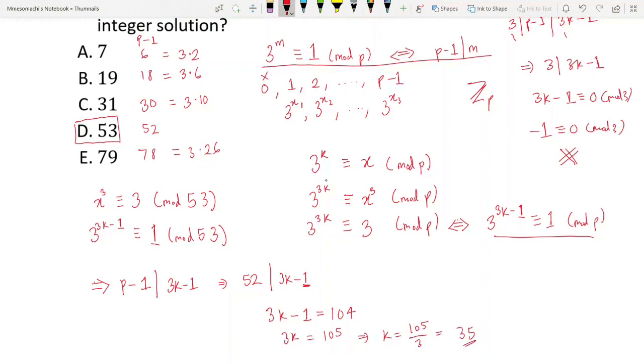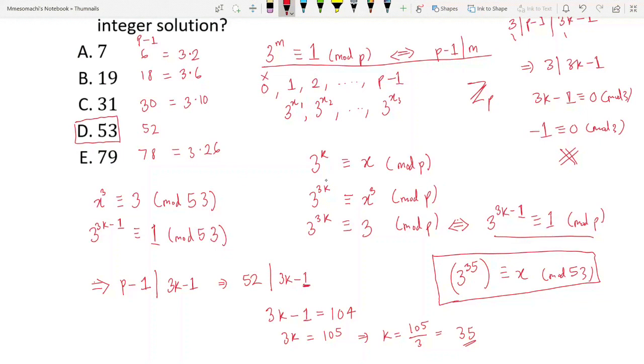So if we replace x with 3 to the power of 35, the modular residue of 3 to the power of 35 mod 53 gives us an answer. There are a lot of ways we can go about simplifying this.